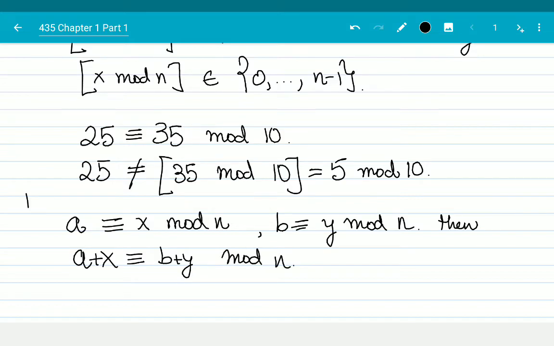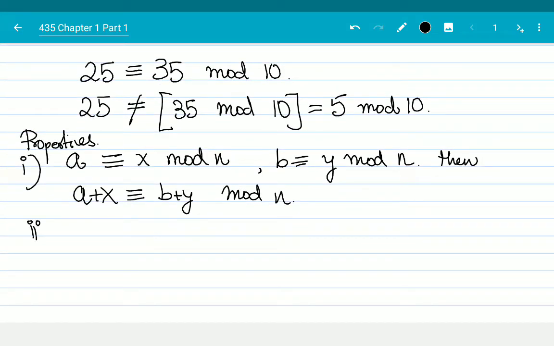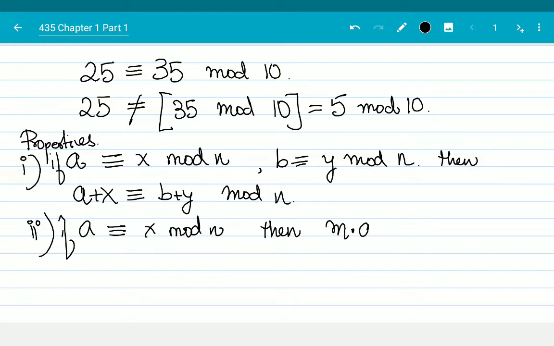Second, if a is congruent to x mod n, then m times a is congruent to m times x mod n.